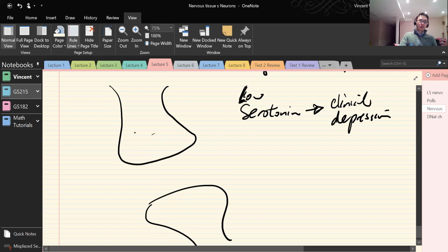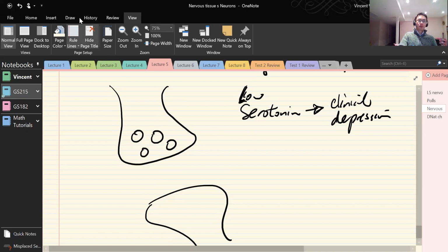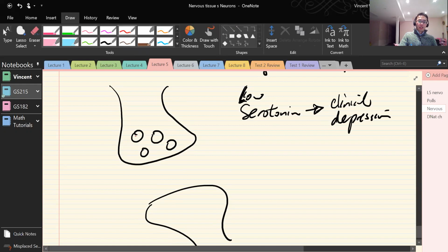This is what happens normally: you have your neurotransmitters, you got your serotonin, and you release them into the cleft, and then it exerts its effect. Serotonin does a bunch of stuff, including regulation of your mood. In people with clinical depression, we don't have a lot of serotonin. We just have a little bit.